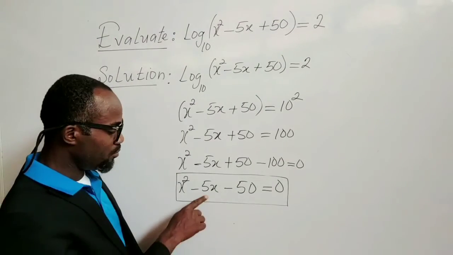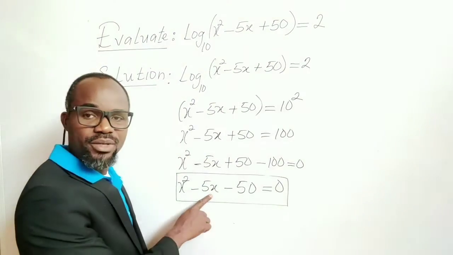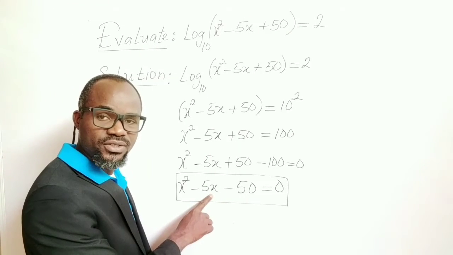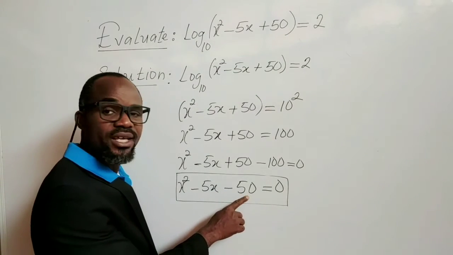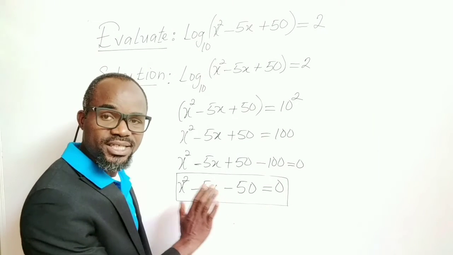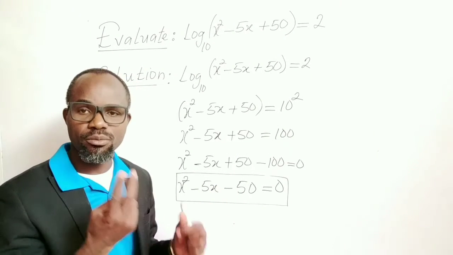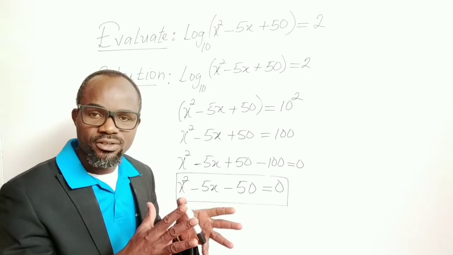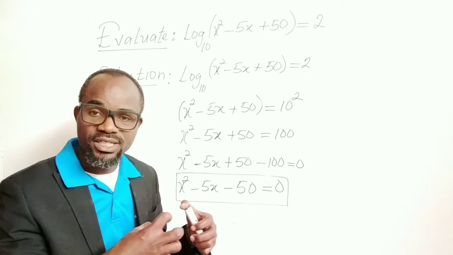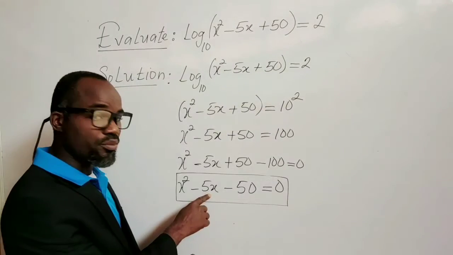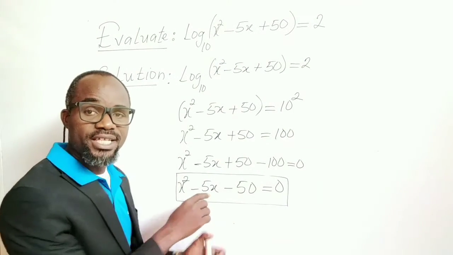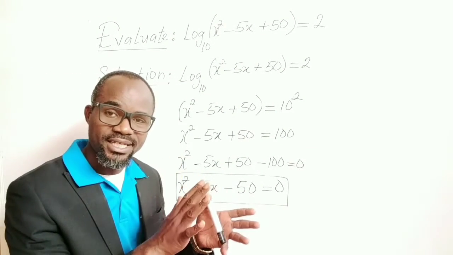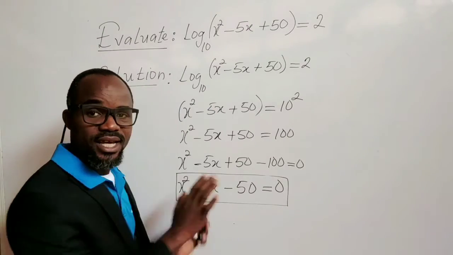We need to consider the middle term, which is minus 5x, and the constant term, which is minus 50. We look for two numbers whose sum gives the middle term, while their product gives the constant term.